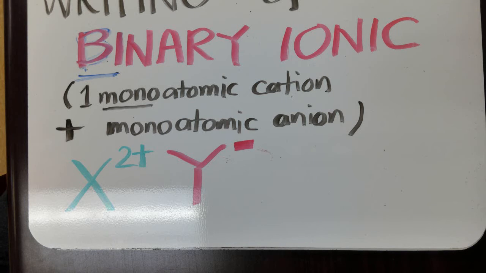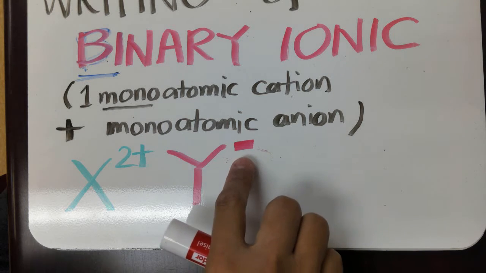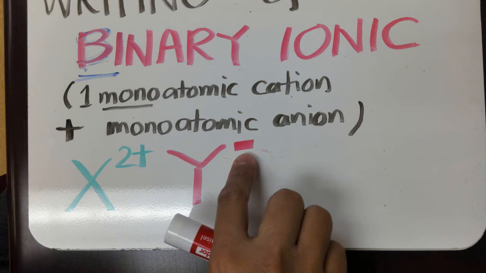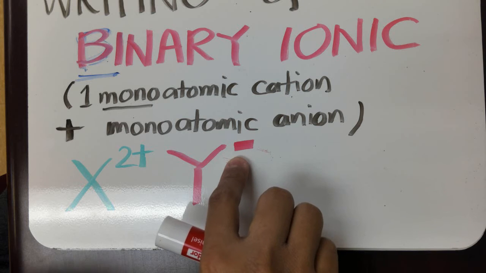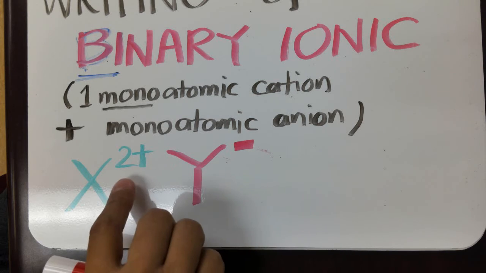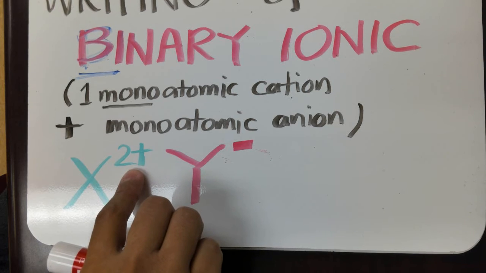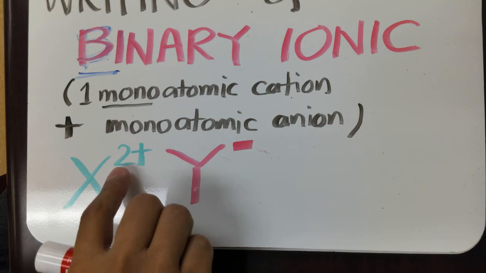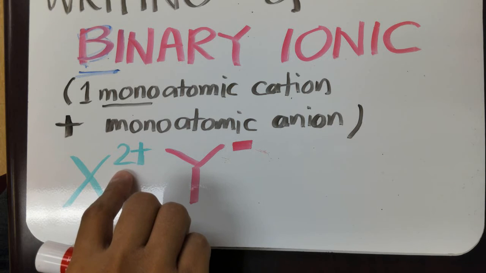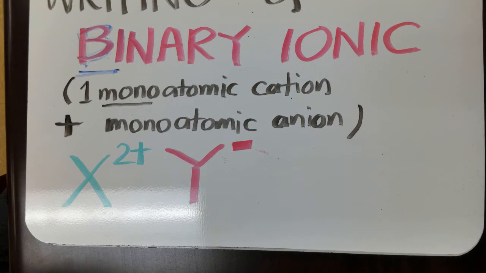Most of the time in chemistry, if it's a 1, you don't have to write the 1, just the symbol. So negative means the numerical value is 1. If it's only a positive, that also means 1. But if it's not a 1, of course, you have to write the number, same as this one, 2 plus, which means the charge is really 2.